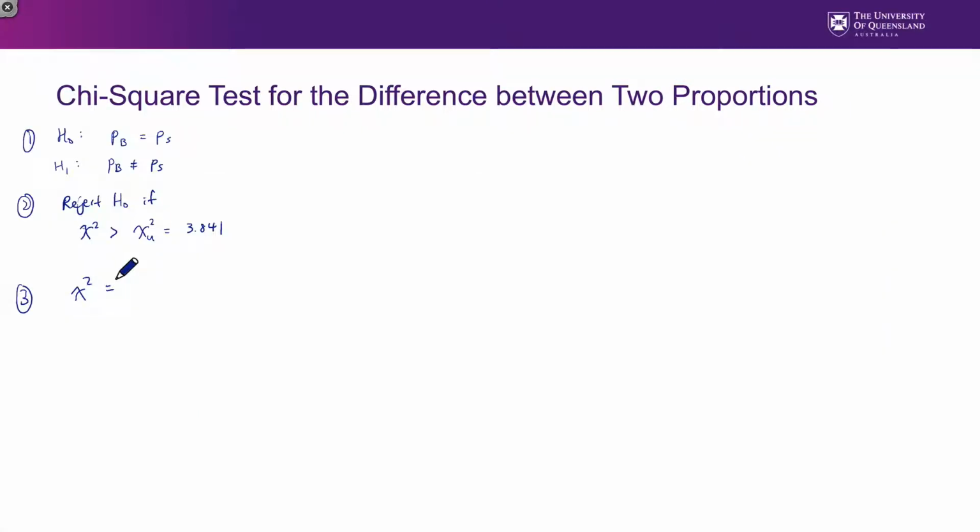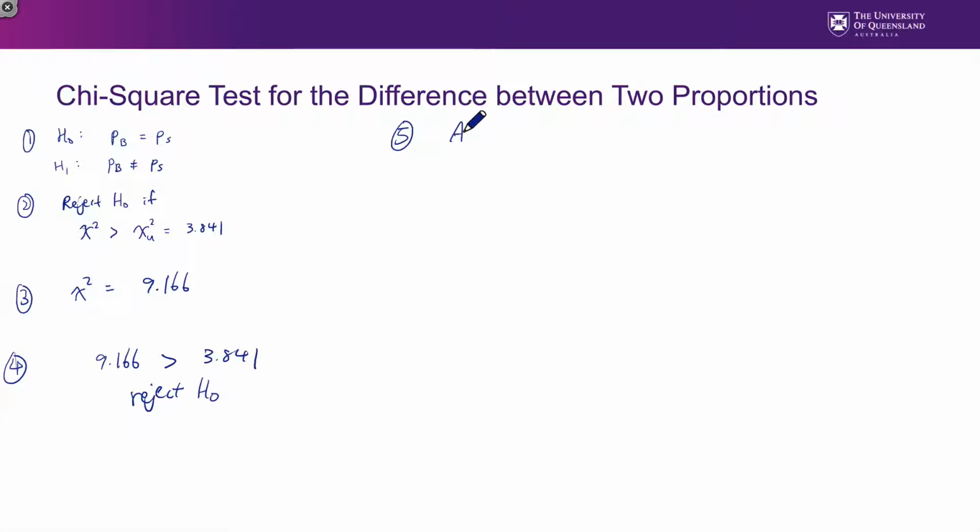So after all that tedious working, we figure out that our chi-square is actually 9.166. And since 9.166 is more than 3.841, we reject our H0.